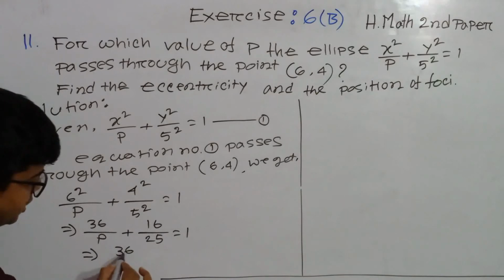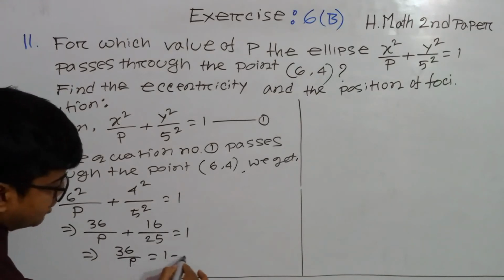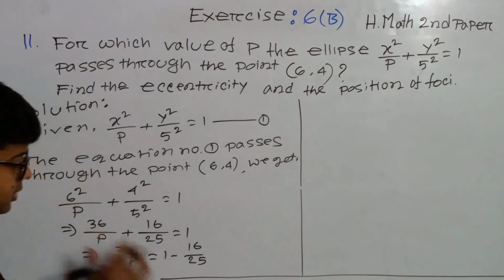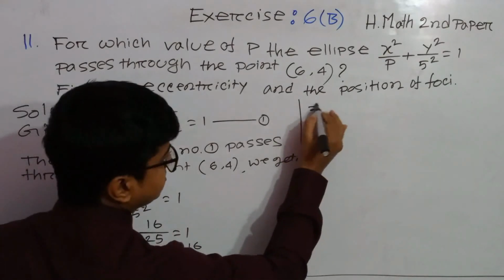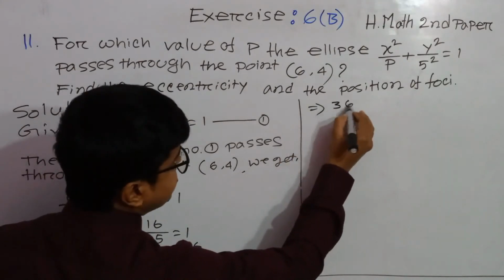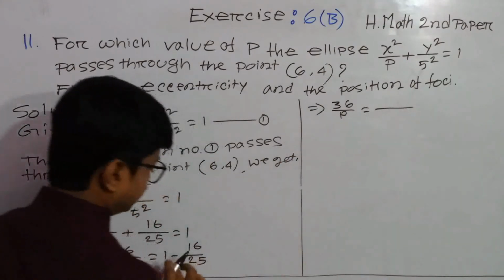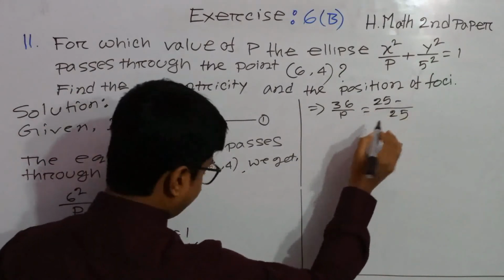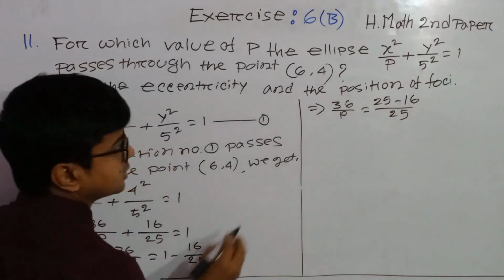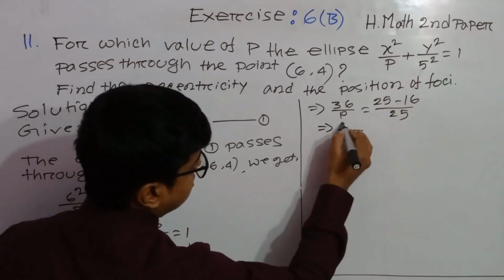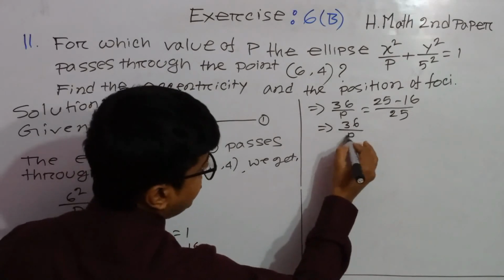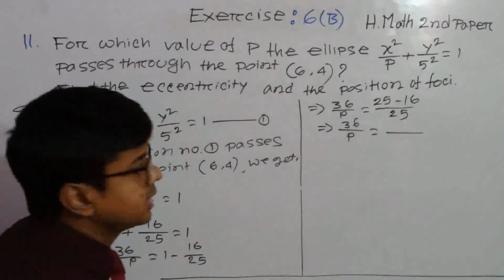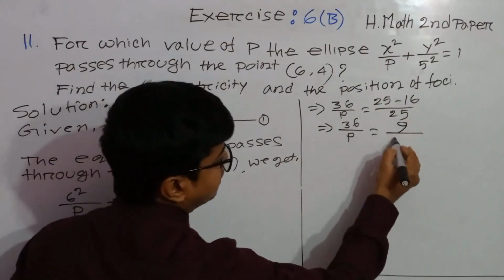Again we can write 36 by p equals 1 minus 16 by 25. After calculation, it will be 36 by p equals (25 minus 16) by 25, which is 9 by 25.